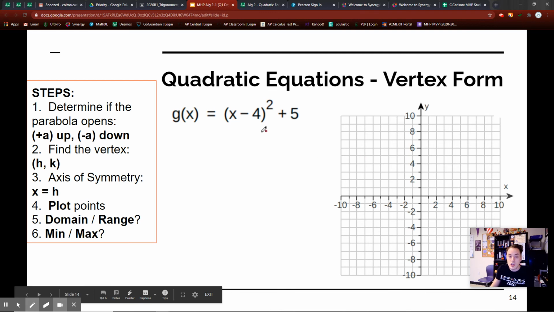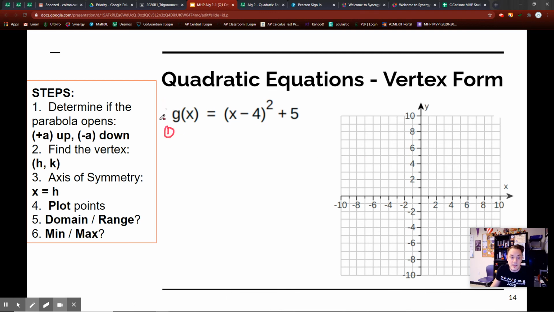My first step is to ask if it opens up or down. I noticed that this is positive, not negative, so that means it opens up. Fantastic. My second step is to find my vertex, my hk. Remember, my actual formula, let me write it off to the side, is a times (x minus h) squared plus k.